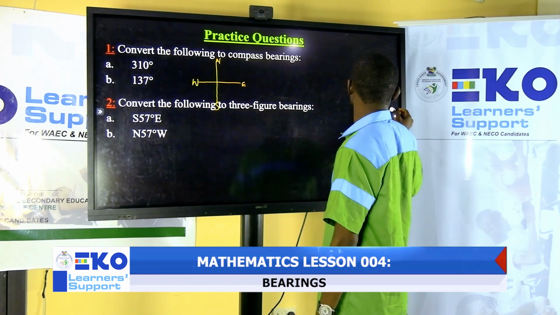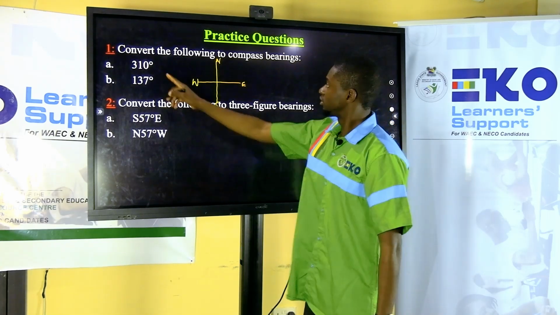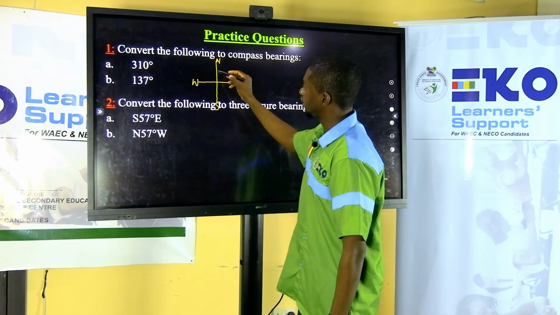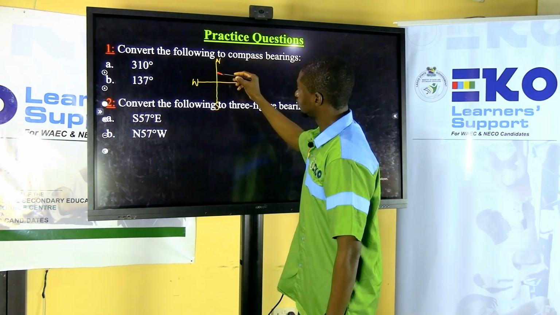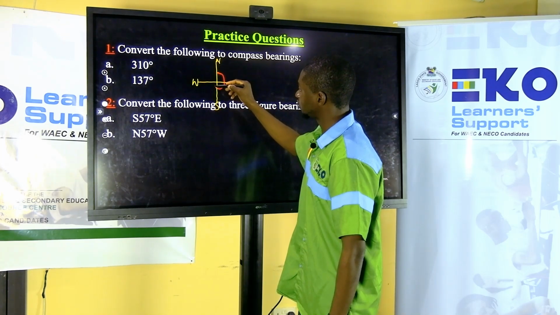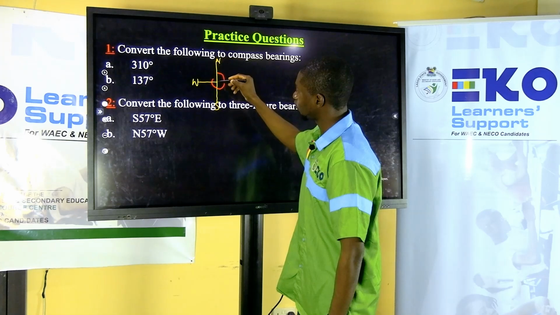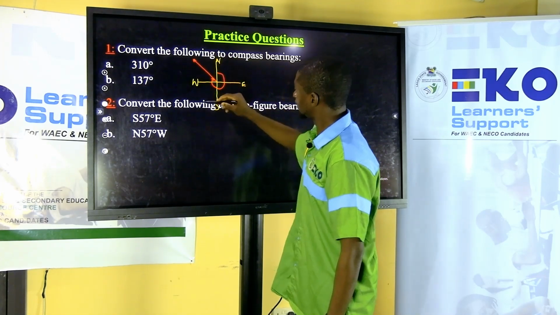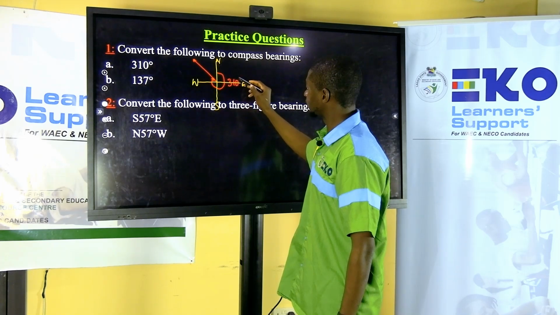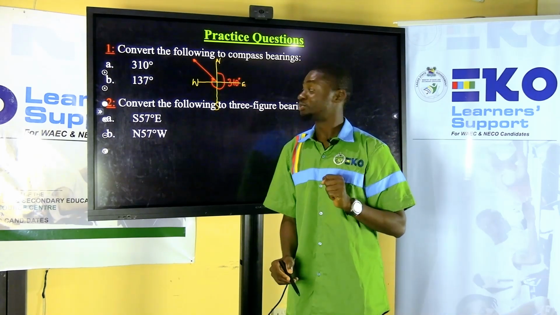Take your reading, 310. Remember, bearing is from the north clockwise, 0, 90, 180, 270, and 310 falls here. So this is 310. The answer is already staring at you.